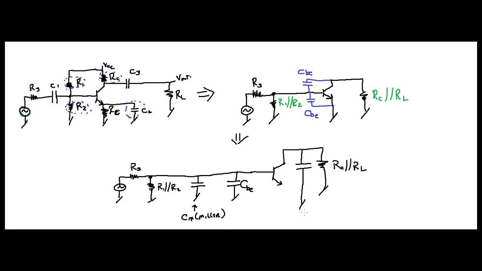This is going to be your C out Miller. And finally, we have to finish this emitter. This just comes to ground. All right. So there you have your high frequency equivalent circuit after applying Miller's theorem.